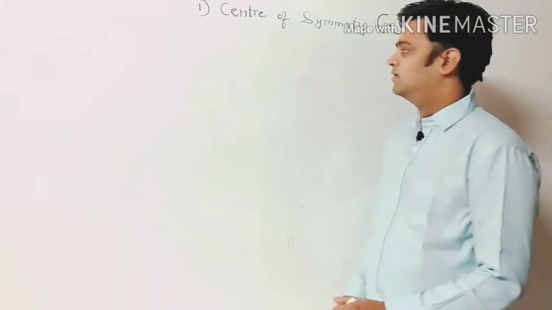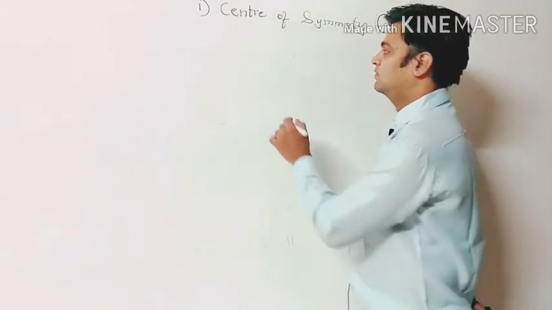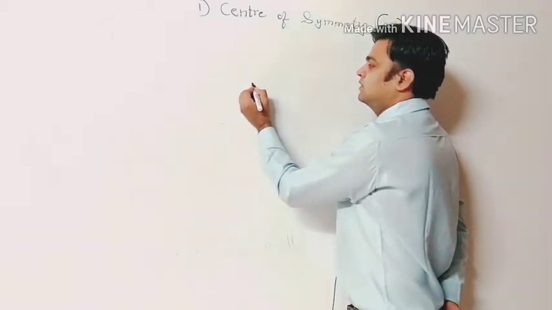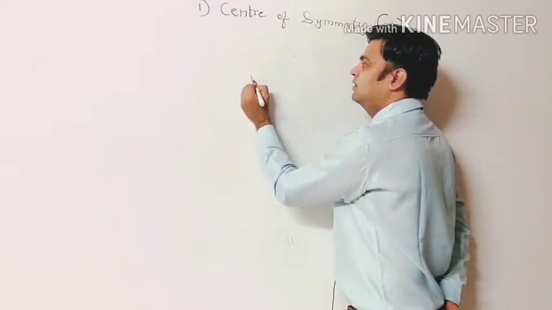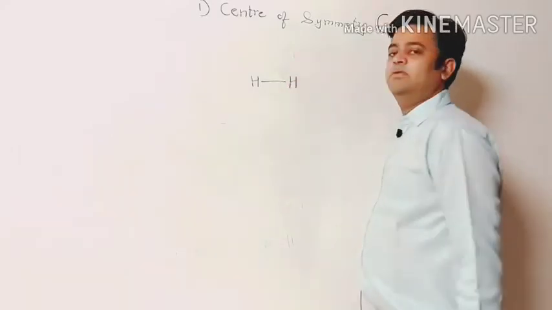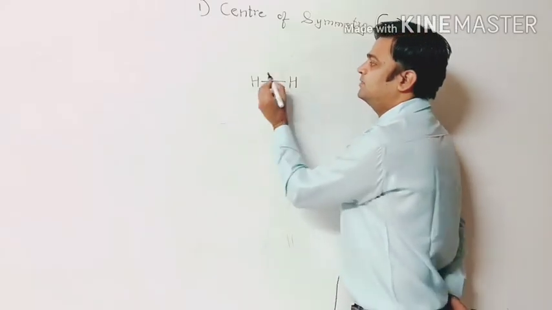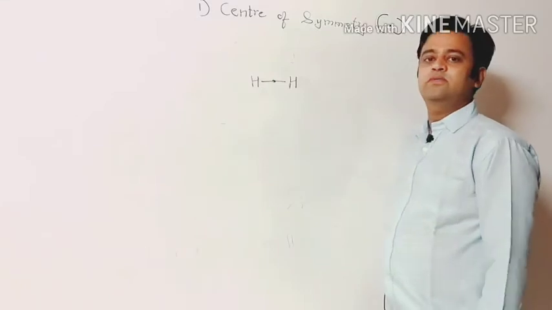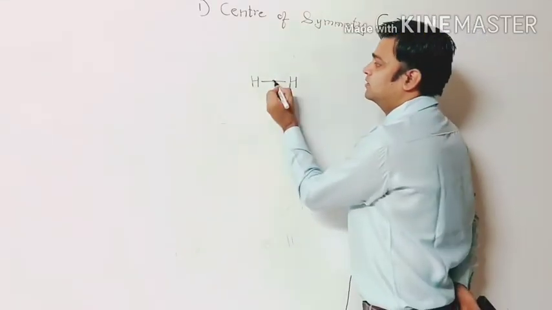Now let's explain. Suppose we take the H2 molecule. Let's put one dot somewhere on the H2 molecule. Now let's travel that dot.